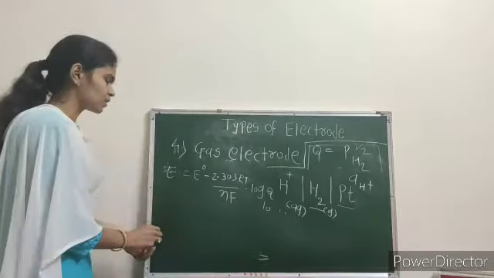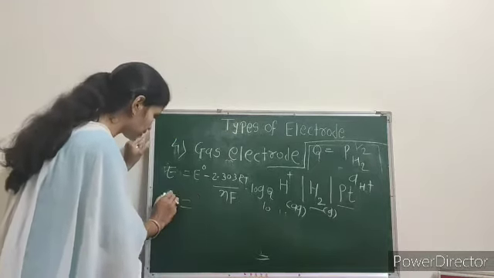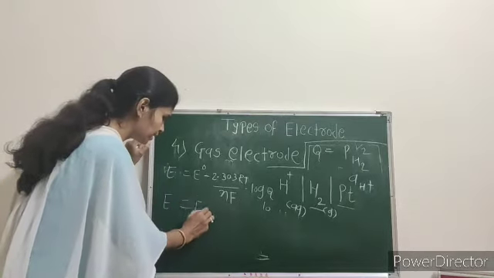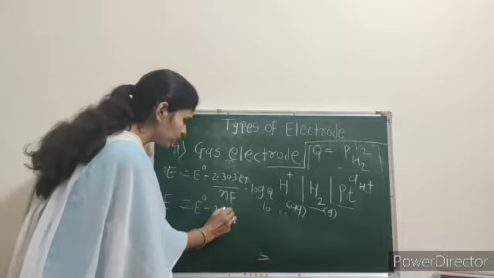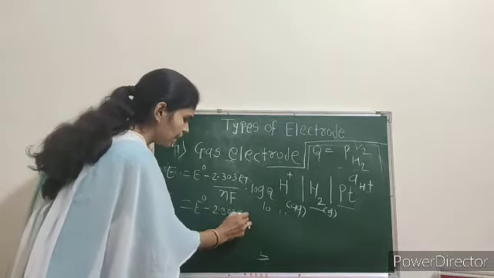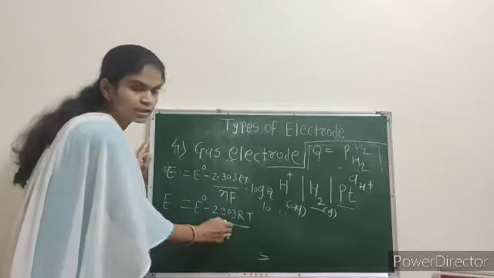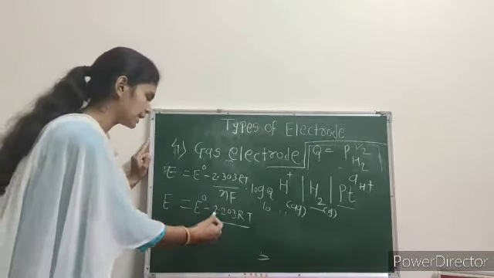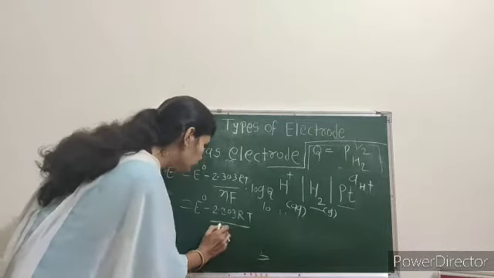Now we put the value of Q in this equation. E is equal to E naught for hydrogen gas minus 2.303 RT upon nF. n is the number of electrons. In this reaction, the number of electrons is 1. Therefore, we put the value 1.